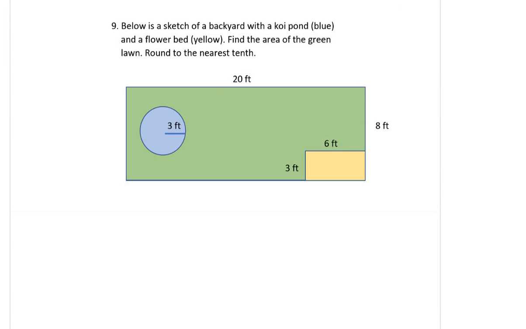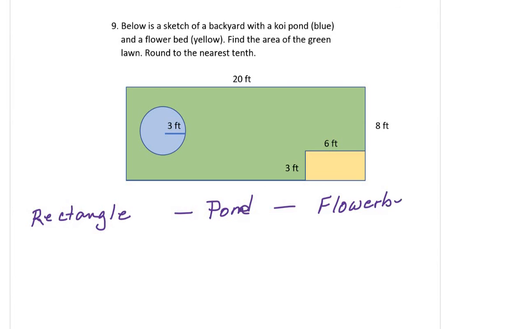What I want to do is find the area of this whole great big backyard, which is in the shape of a rectangle. And then I'm going to subtract off the area of the pond, which is a circle, minus the area of the flower bed, which is a rectangle.